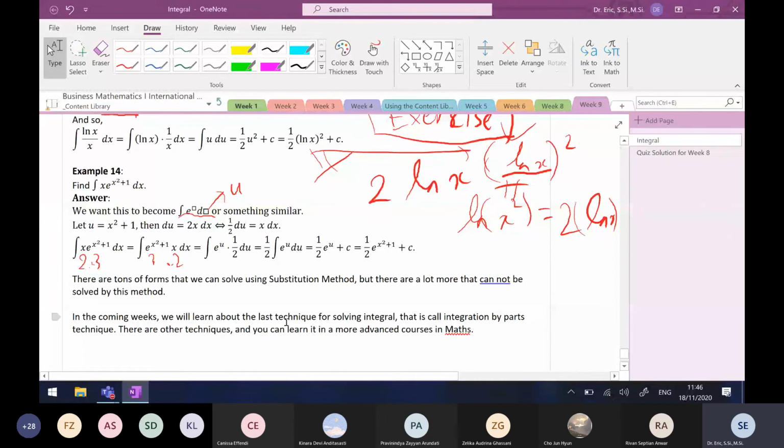There are lots of techniques to find the integration, but in this course we will just use 3 techniques: direct method, substitution method, and the last part, integration by parts. That is what we usually call integral partial in Indonesia.